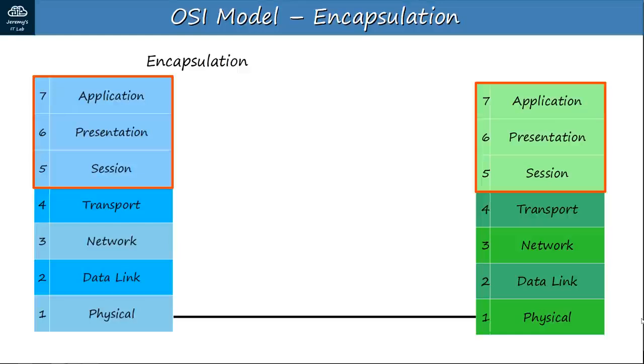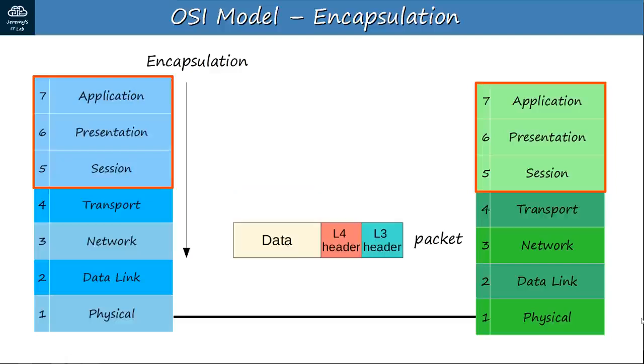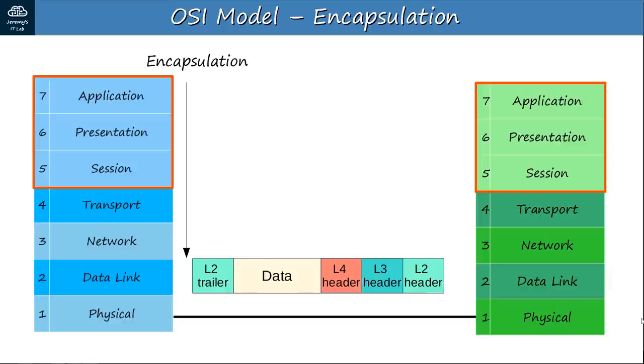Let's look at the encapsulation process once more. Data is prepared by the application layer. A layer 4 header is added to the data to make a segment. A layer 3 header is added to the segment to make a packet. Remember, the IP address is included in this layer 3 header. Then, a layer 2 header and a layer 2 trailer are added to the packet.